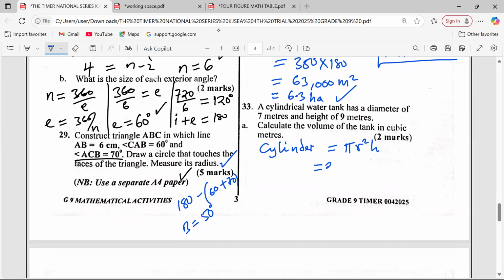So we need pi times r, which is 3.5 in this case, squared, times a height of 9. And we compute this to give our answer, which is 346.5. This is meters cubed now, because we are talking about volume.